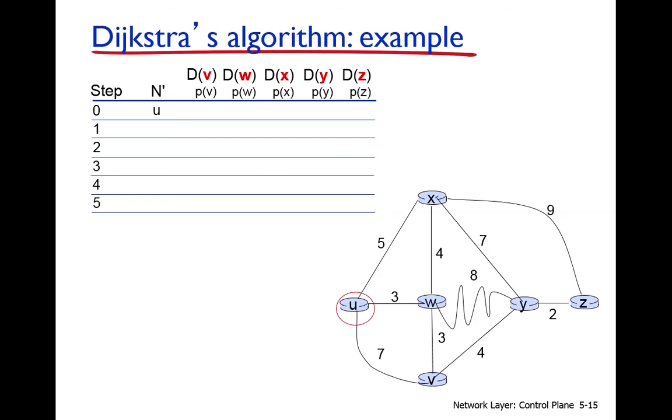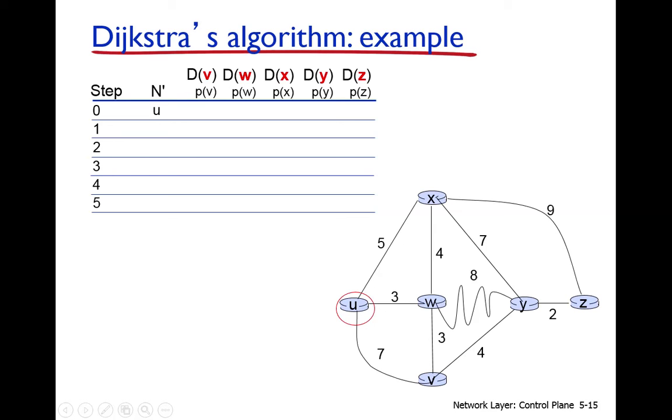Suppose we want to compute the shortest path from U to all the nodes. So this is the N dash. N dash means the visited nodes. At the first time we are starting from U, so U will be visited. Now we want to compute the distance.